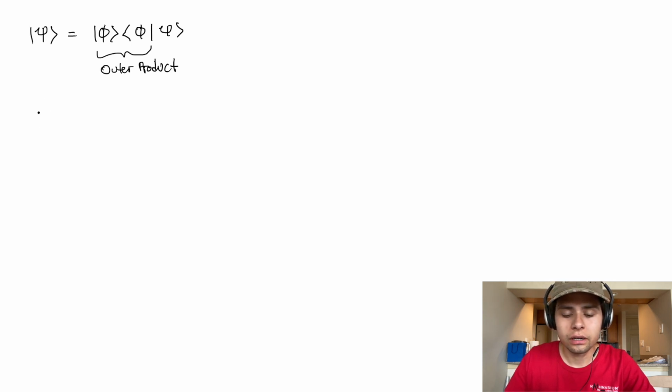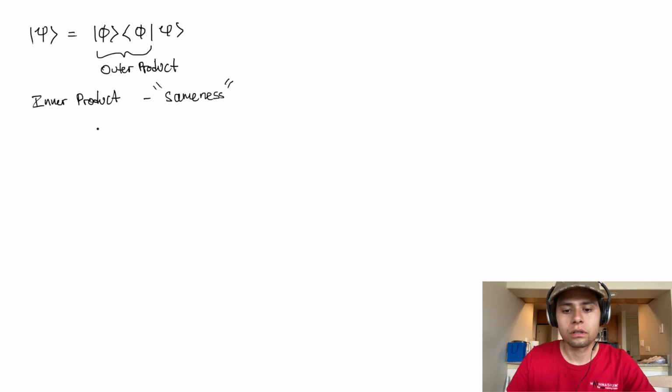I'll write this out. The inner product tells us how much two vectors are similar to one another. It measures similarness, or sameness, between two vectors.